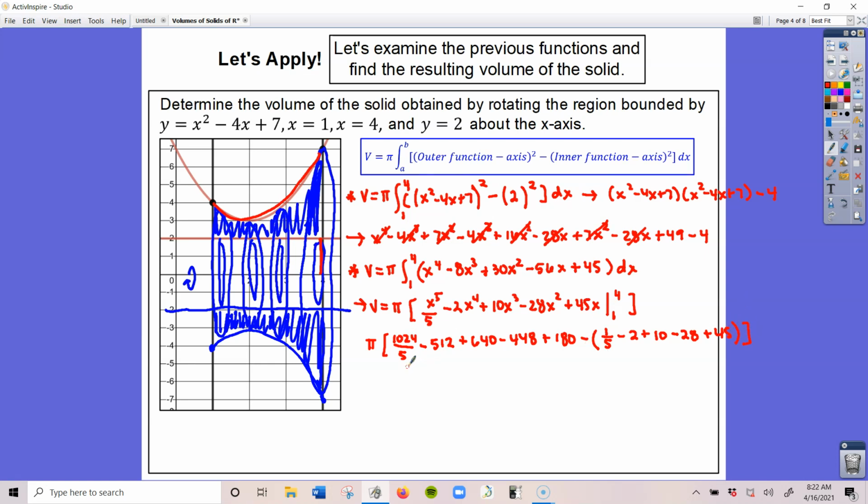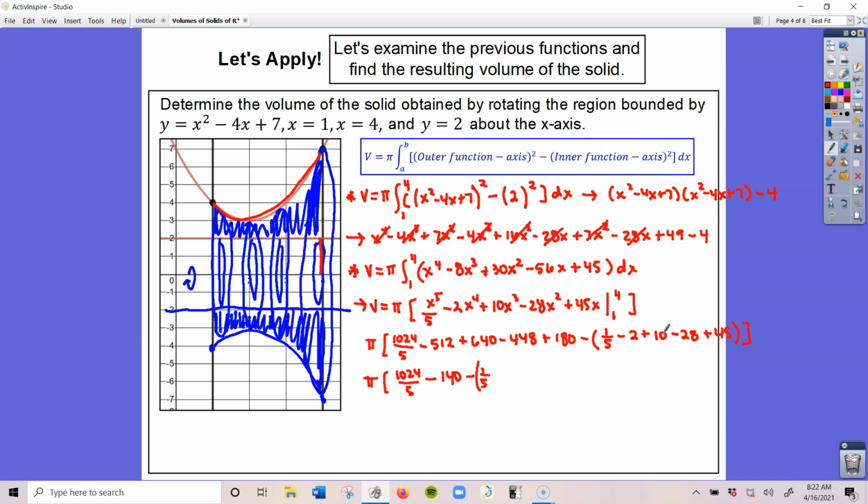Now let's put all of these numbers here together. So we get pi times 1024 over 5. I'm going to combine all of these numbers here. So negative 512 plus 640 minus 448 plus 180 is negative 140, so minus 140, minus 1 over 5, and then I'm going to combine these here.